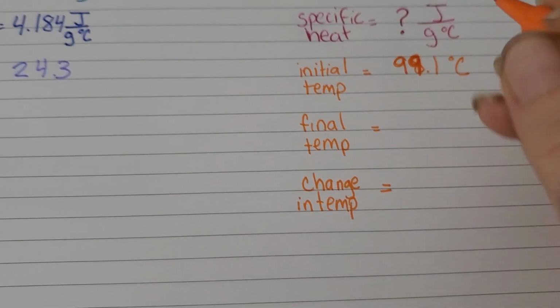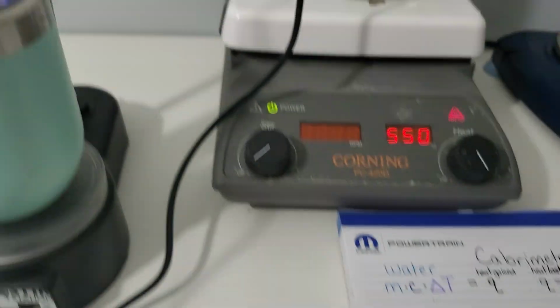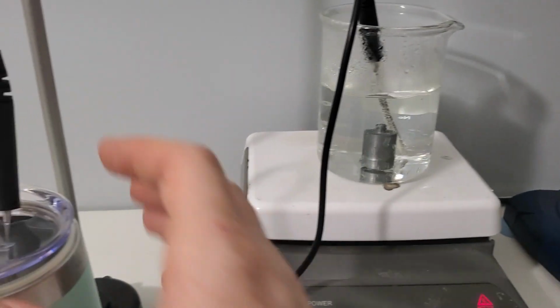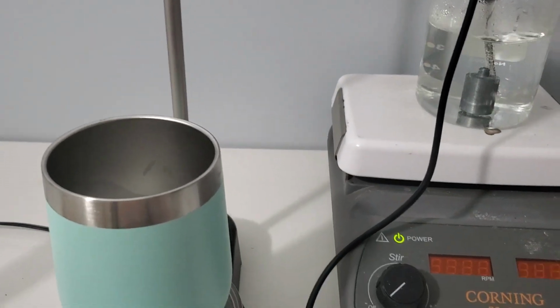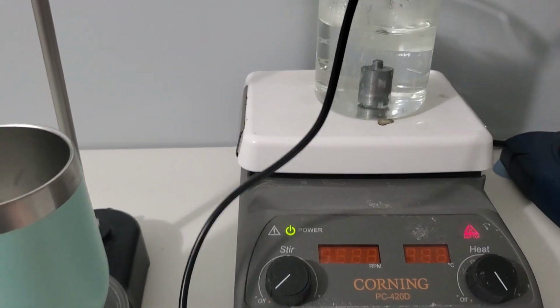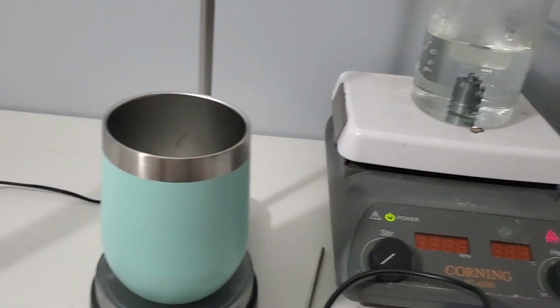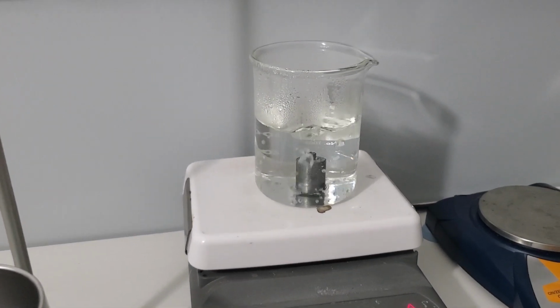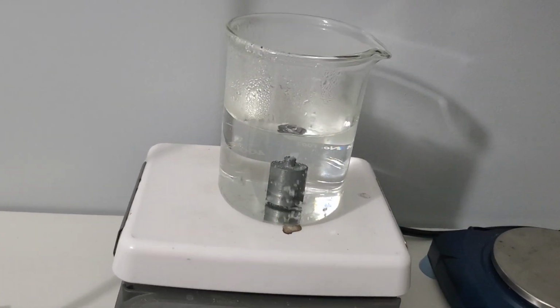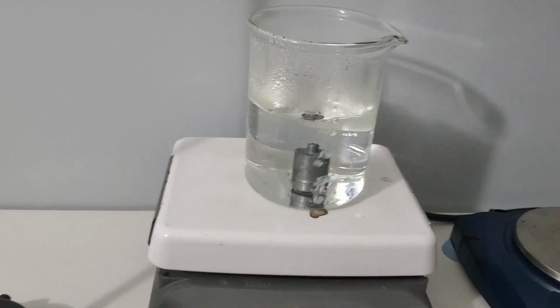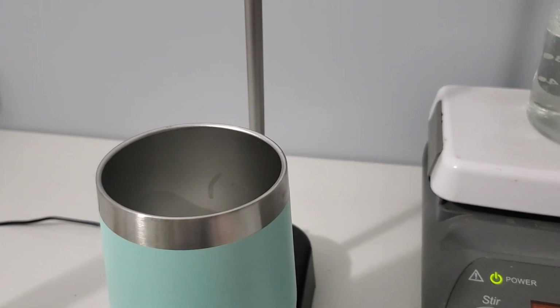Okay. So now what we're going to do is I am going to take the metal out. I'm going to pat it dry real quick so that we're not transferring any extra water. And then we're going to quickly transport it into here so we don't lose much heat.